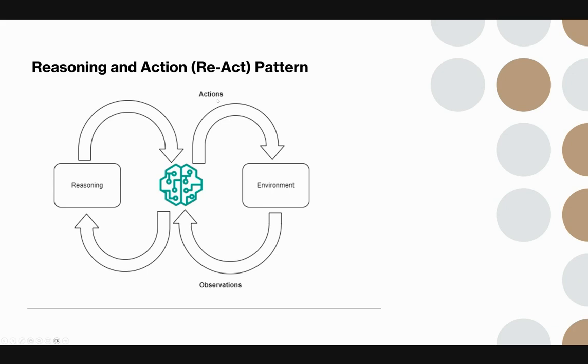The results of the action is the observation, which is then fed back into the LLM. Then the LLM will do another thinking. If the final answer is reached, then it's going to exit. If it doesn't, then it goes back to action and loops that way until a final answer is produced.